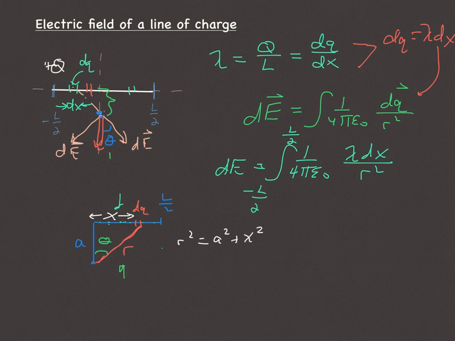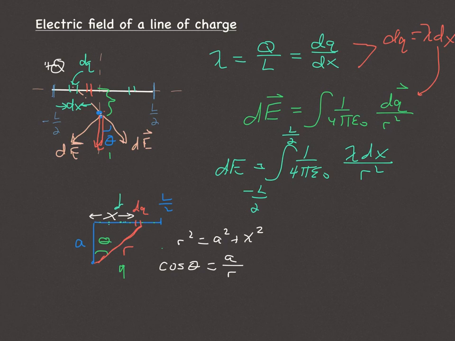So our variable is the position x away, and a is a constant now. We also need to get the angle theta in terms of constants. So if we look at this as the cosine of the angle theta, we have the adjacent side, which is a, over the hypotenuse, which is r.